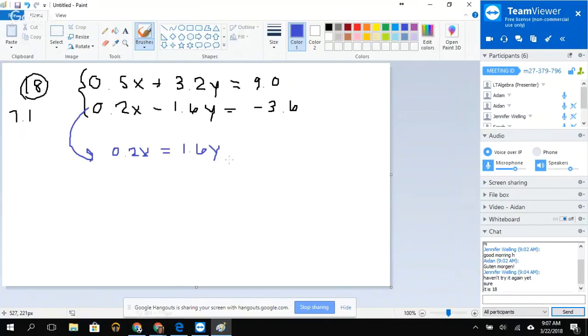So I just added 1.6y to both sides of the equations, minus 3.6, right? And then if I want to solve for x, I'm going to divide everything by 2/10. Okay, so I end up with x equals 8y, right? And minus 18.